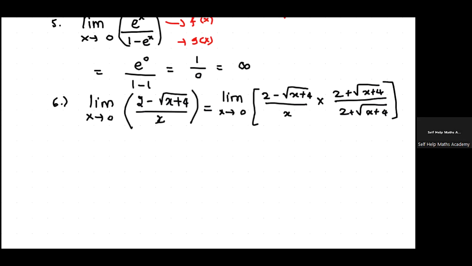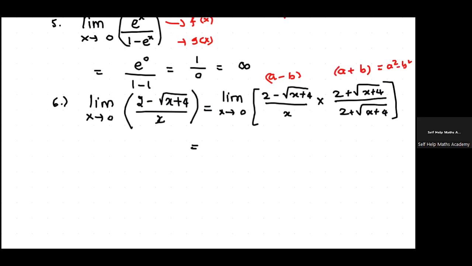If you observe carefully, this is like a minus b and this is like a plus b. So we know (a plus b) into (a minus b) is simply a square minus b square. I'm going to use that identity now.